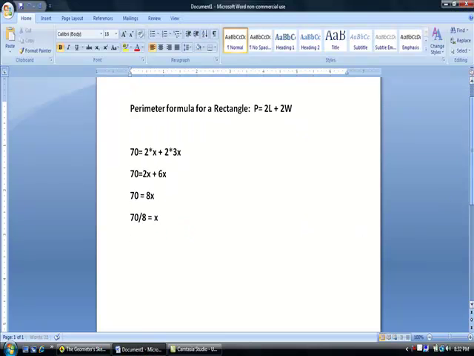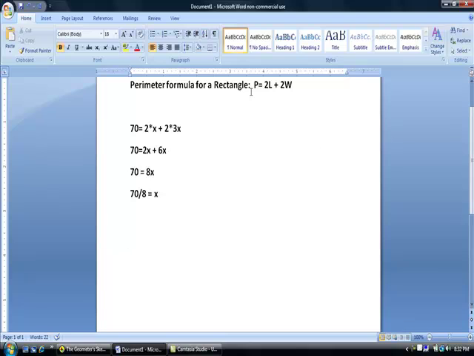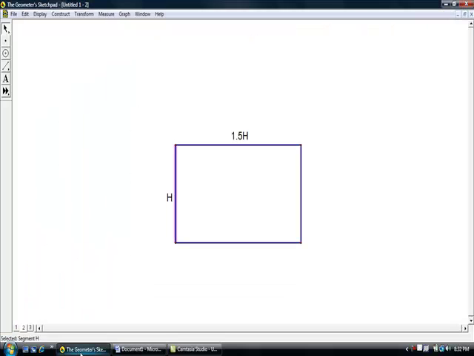Okay, like the other one, we've got our perimeter. Again, this one has to be 3. Then we've got one side we know is h. Because we have to do 2 times that height, that's going to be 2h, plus 2 times the top. The top was, if you look back here, 1.5h.